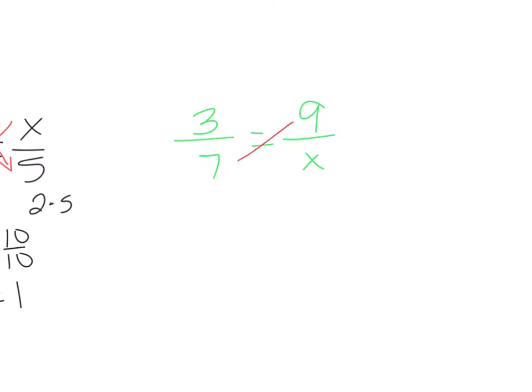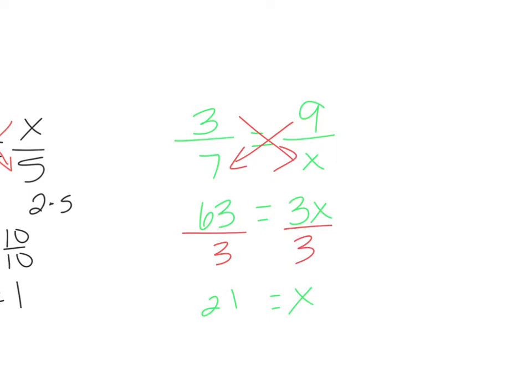Okay, so we're going to do the same thing. We're going to multiply diagonally. So 9 times 7 is 63, and that equals 3x. Divide both sides by 3, and then that would be 21 equals x.